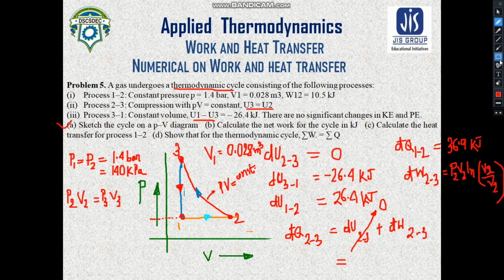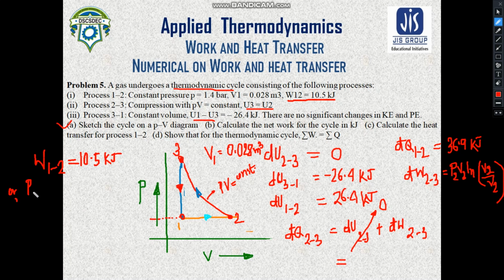Now how can we find V2? Can you tell me? It is very easy. Actually for the process 1 to 2, the work transfer was given to you, right? The work transfer was given as 10.5 kilojoule. Now since this is an isobaric process, you must understand that it will follow the formula P times V2 minus V1.